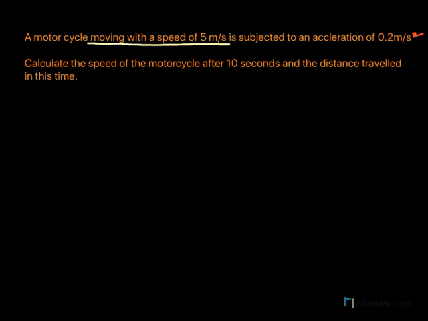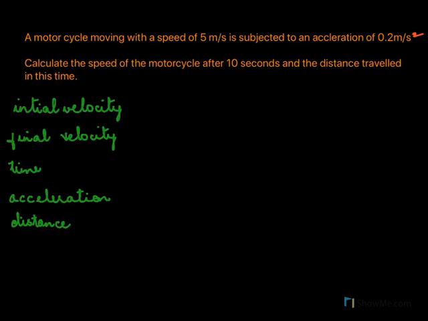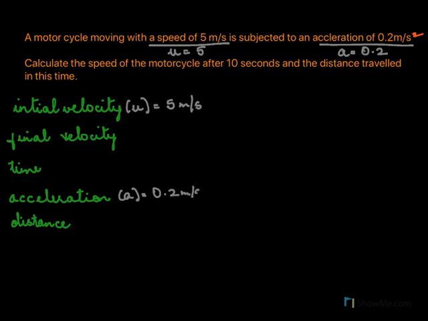A motorcycle moving with a speed of 5 meter per second is subjected to an acceleration of 0.2 meter per second square. Calculate the speed of the motorcycle after 10 seconds and the distance traveled in this time. So the initial velocity u is 5 meter per second, and the acceleration is 0.2 meter per second square.